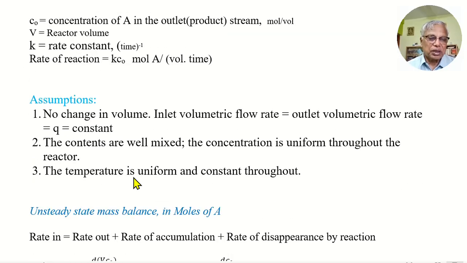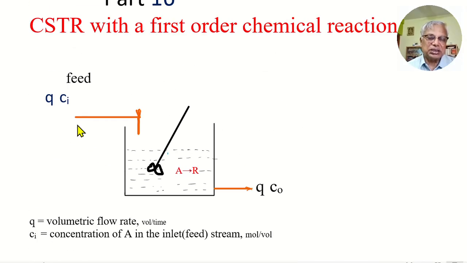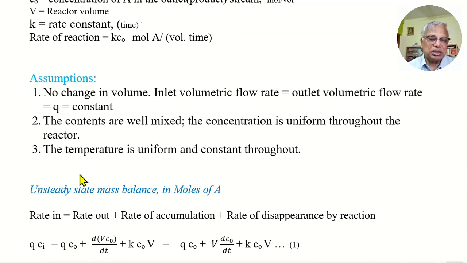Well, as usual, we will write the mass balance at unsteady state in terms of moles of A. Rate of moles of A in equals rate out plus rate of accumulation plus rate of disappearance by reaction.